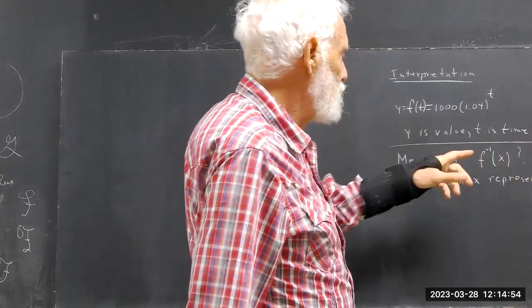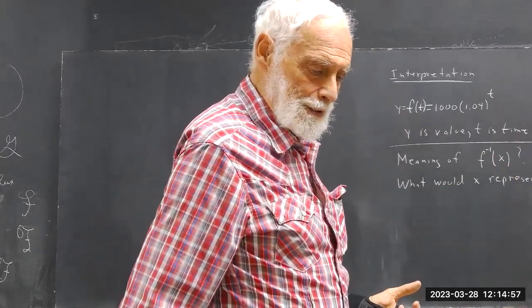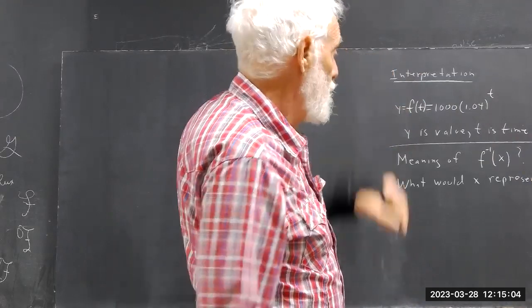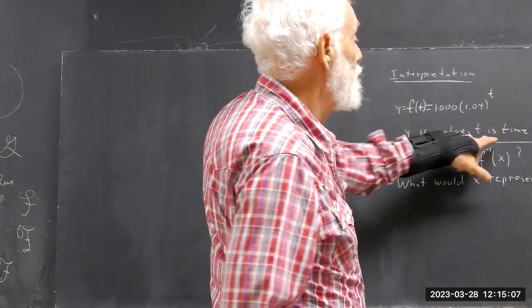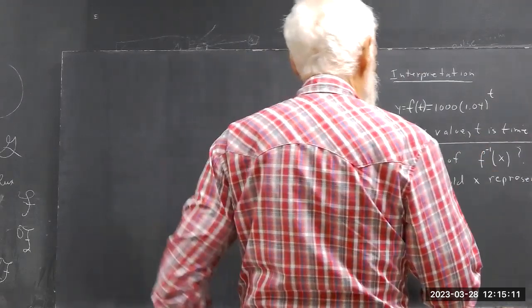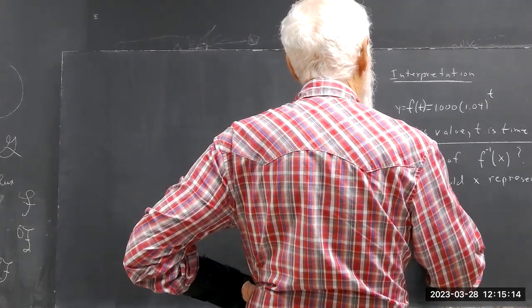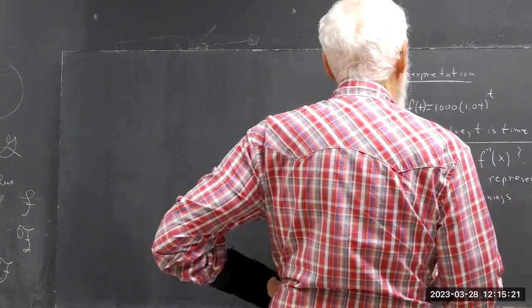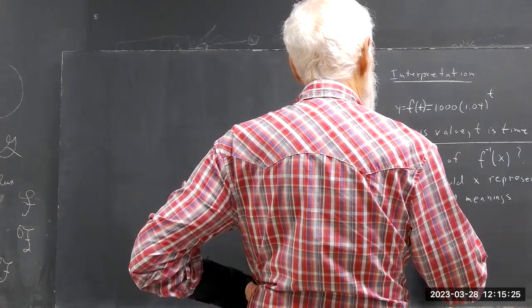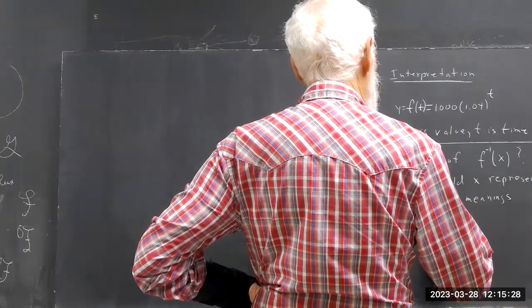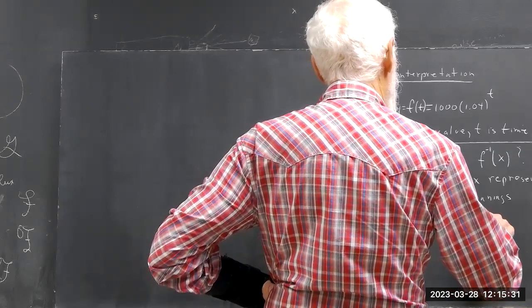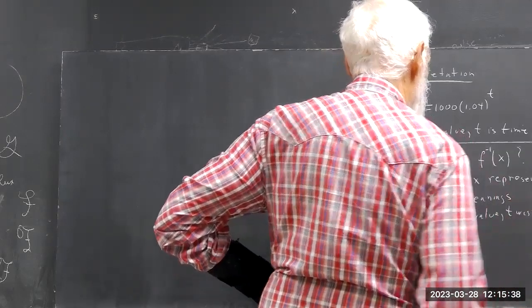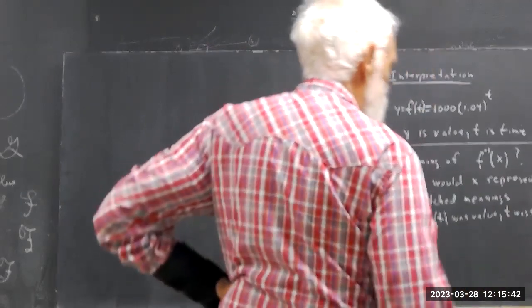What does F represent? What does F inverse act on? F inverse switches T and Y. Y was the value, T was the time.